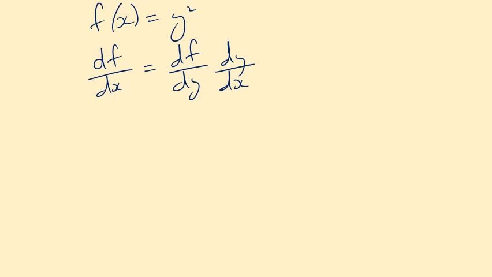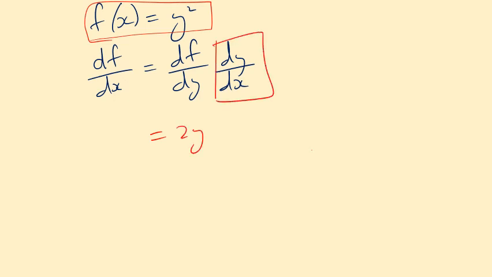Does that make sense? Okay. And if we write this, what is df dy? df dy is 2y. And when you see a dy dx, just write down y prime, because we don't know explicitly what y is. Okay.